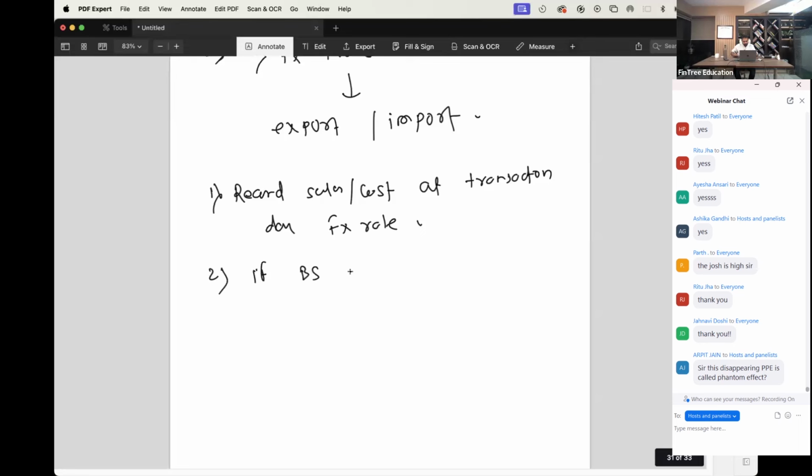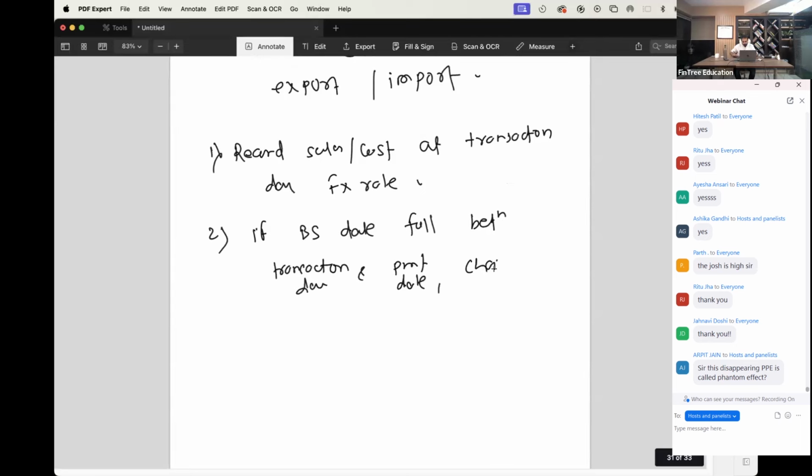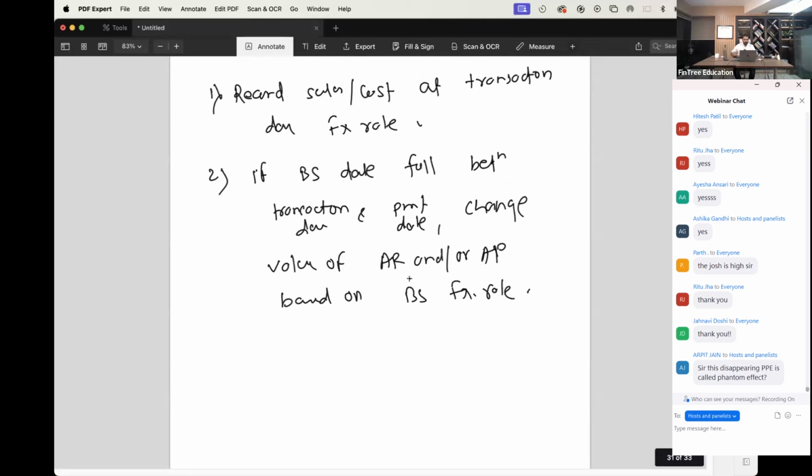If balance sheet date falls between transaction date and payment date, then change value of AR and or AP based on balance sheet closing day FX rate.